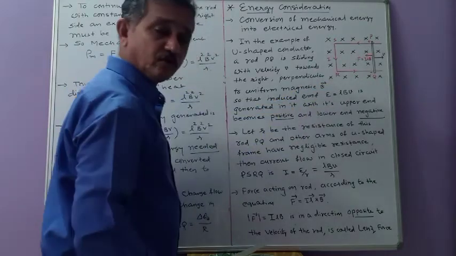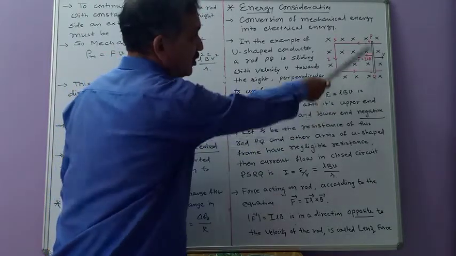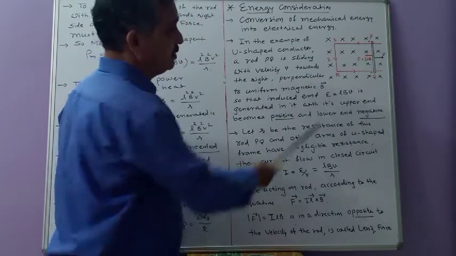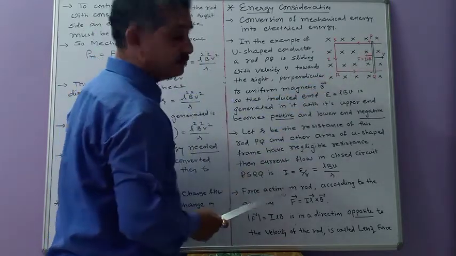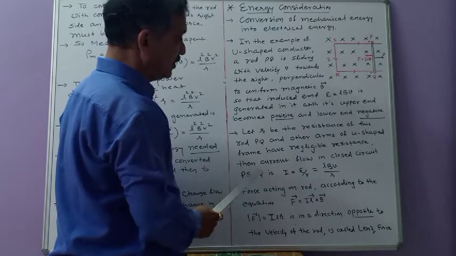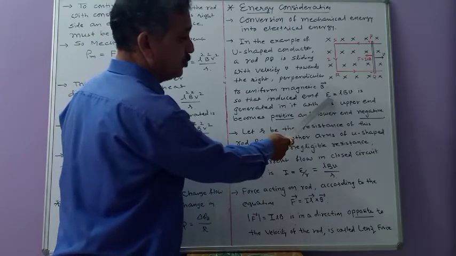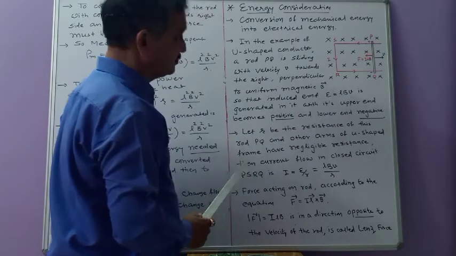Q of the rod. The length of the rod PQ is L, v is the velocity of the rod, and B is the magnetic field. So the induced EMF, as you know, produced is E equal to LBv.